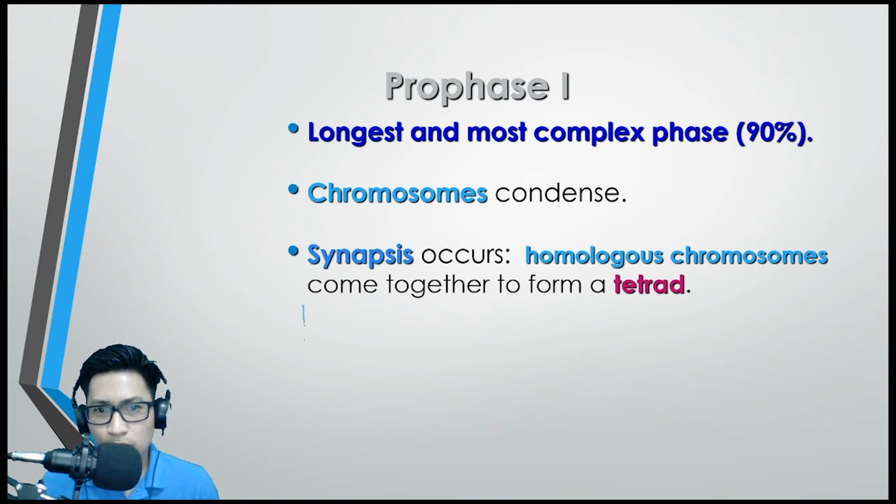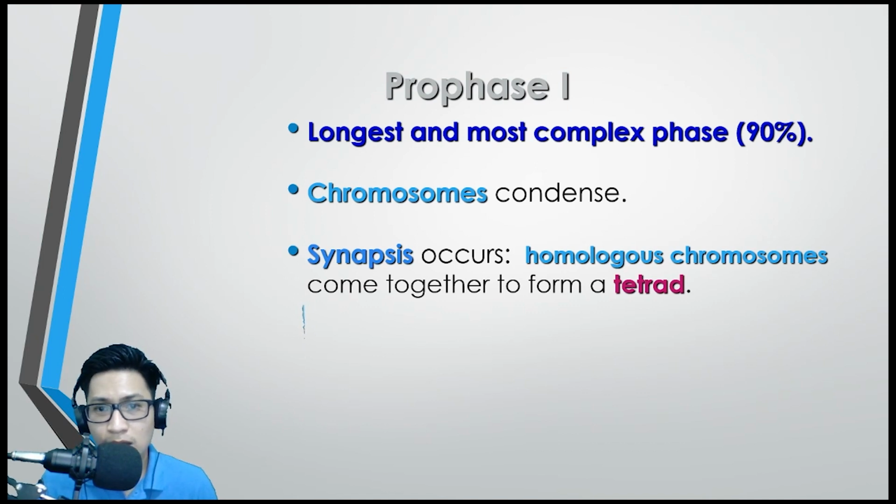Homologous chromosomes are very important for us to understand. We have our homologues from our parent, paternal, or from our father, and we have the homologues from our mother. During interphase, these homologues were duplicated.